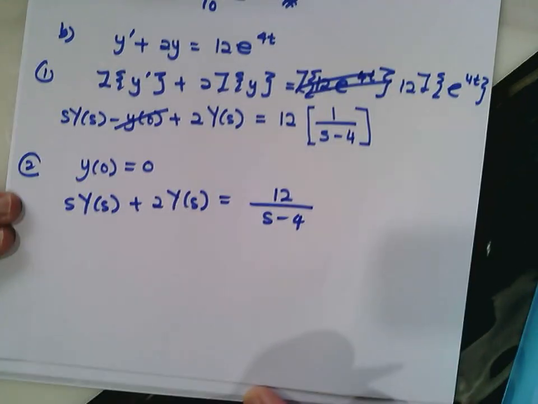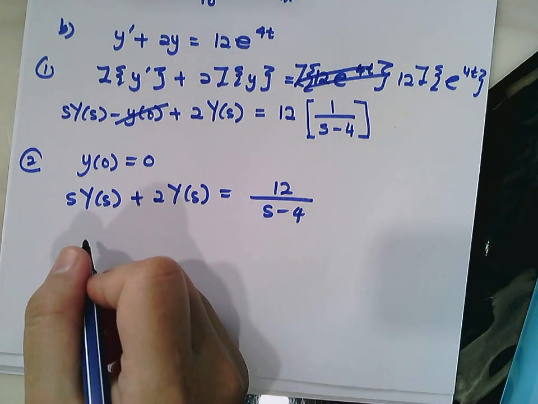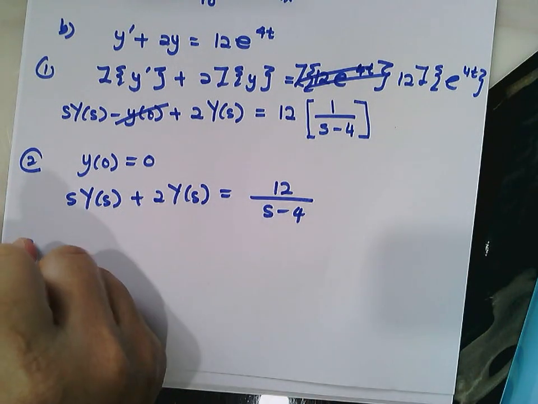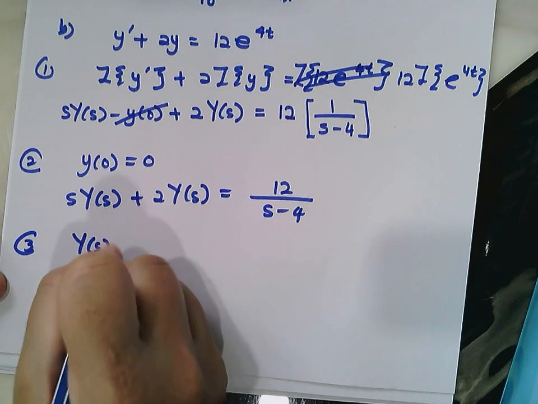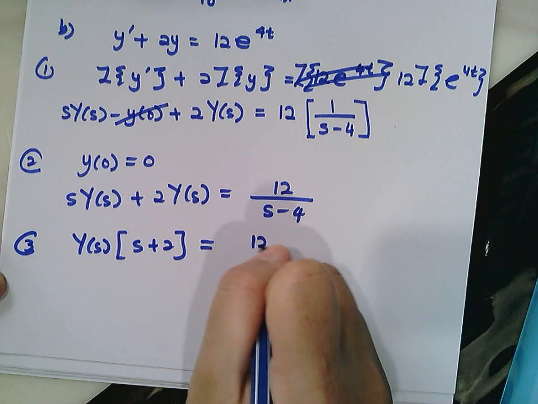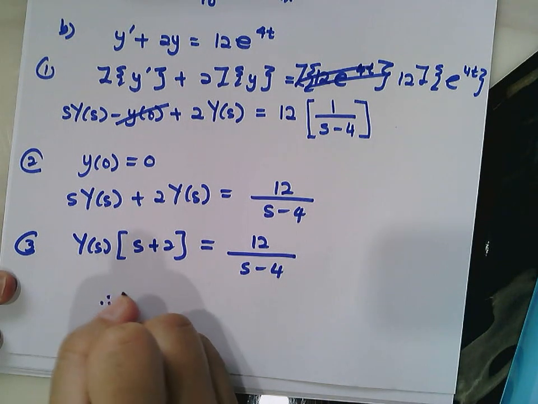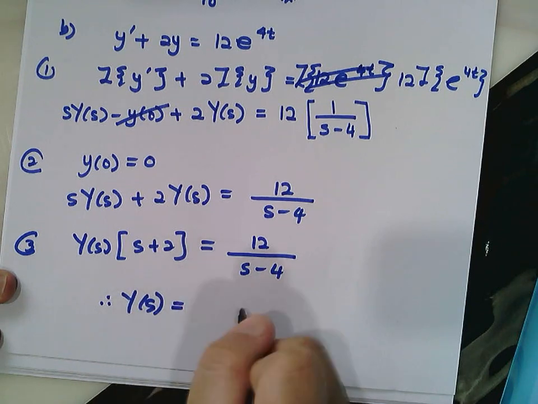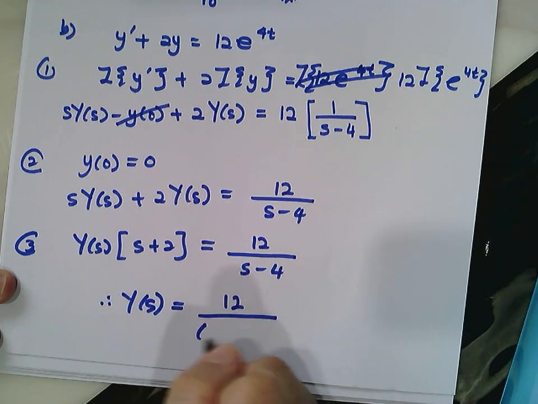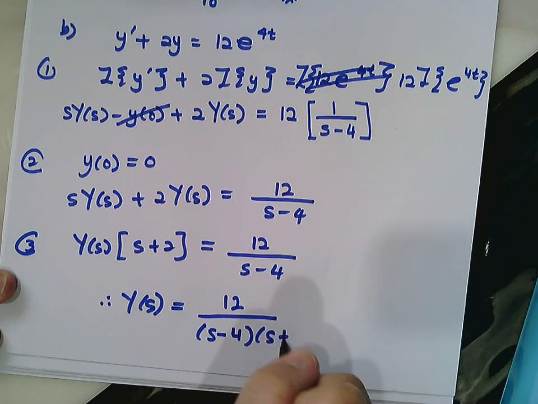So factorize your Y(s) will give you Y(s) times (s plus 2) is equals to 12 over s minus 4. So therefore, your Y(s) is equals to 12 over (s minus 4)(s plus 2).